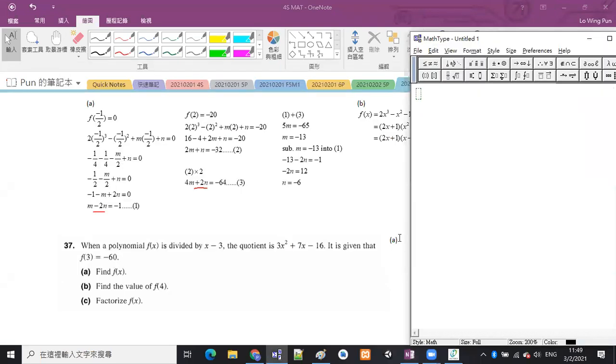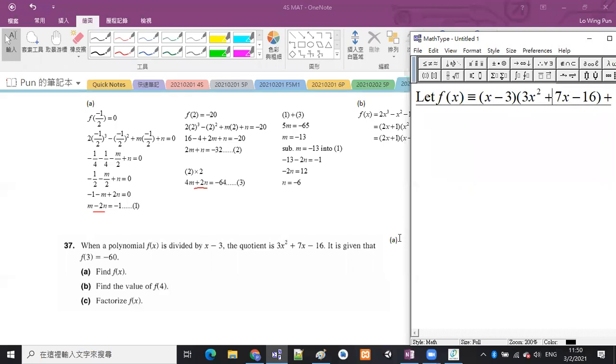So that's like this. Let fx be identical to the divisor times quotient plus remainder. But the remainder is unknown, right? However, we can know the degree of the remainder. According to my summary at the beginning, the degree of the remainder should be equal to the degree of the divisor minus 1.